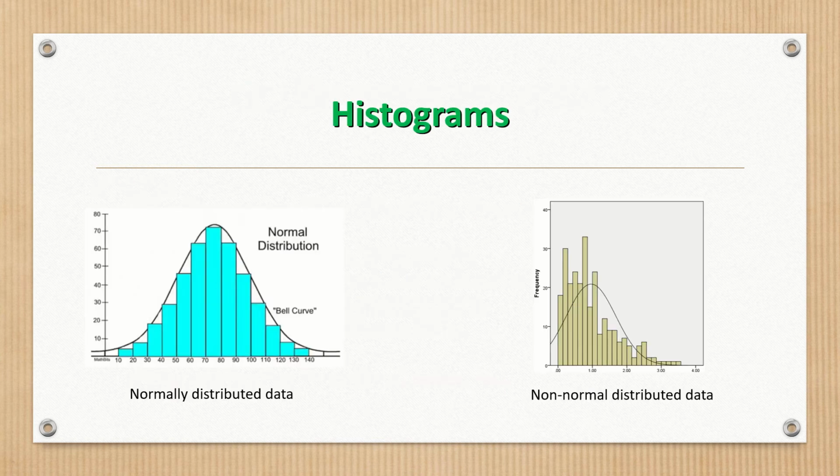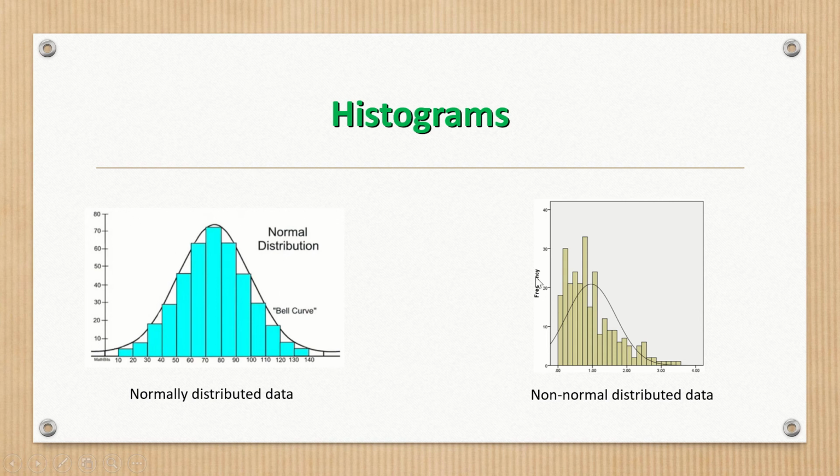Now, in the second slide here, I give you two examples of data as drawn in a histogram. On the left hand side, you can see that the data are really bell-shaped and the curve is bell-shaped, so these data are normally distributed.